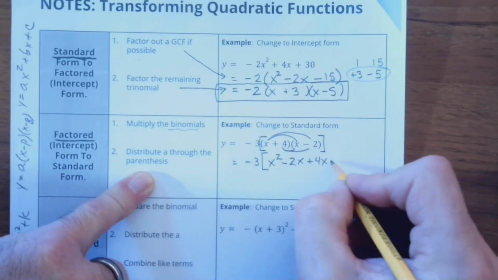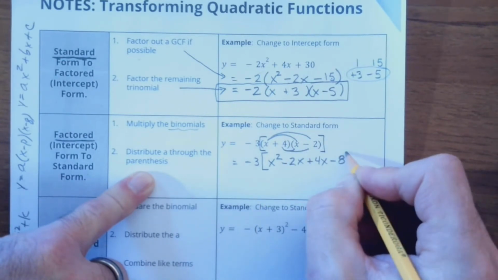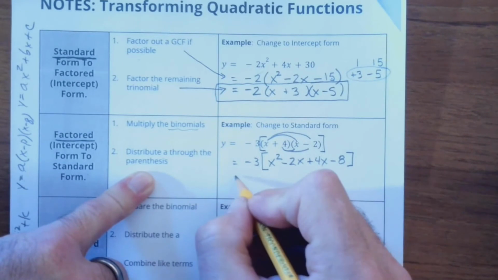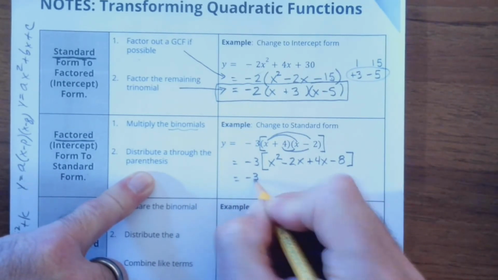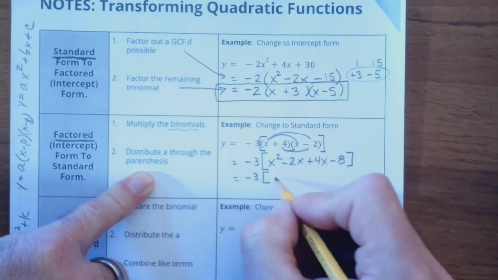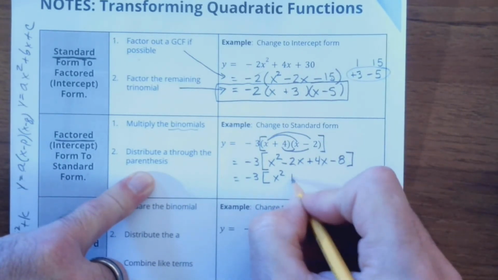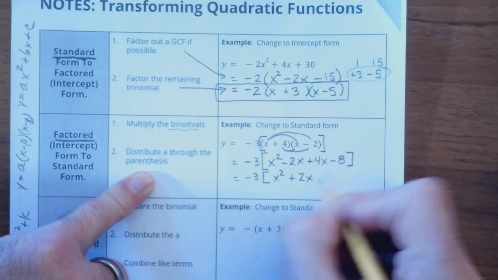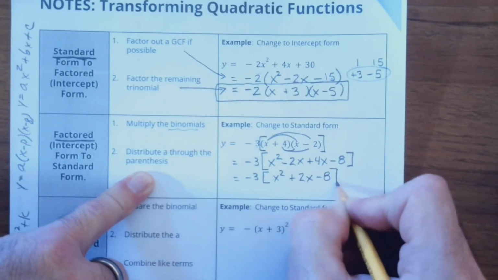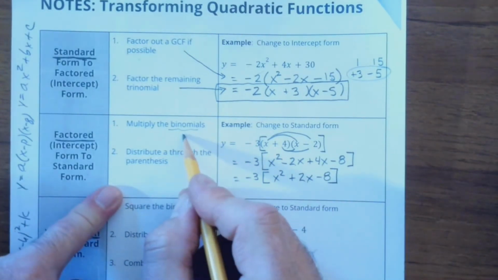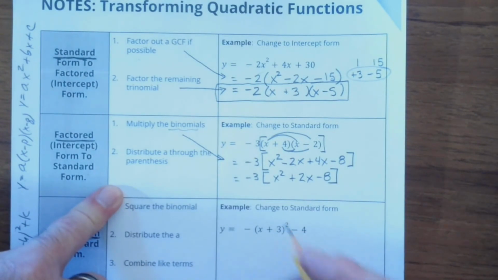And 4 times negative 2 is negative 8. Now, we are going to combine like terms. So 4x minus 2x is plus 2x. And we have the minus 8. Okay, so that is multiplying the binomials.